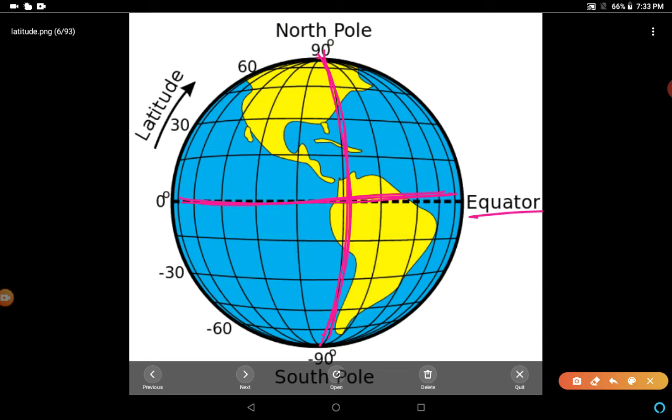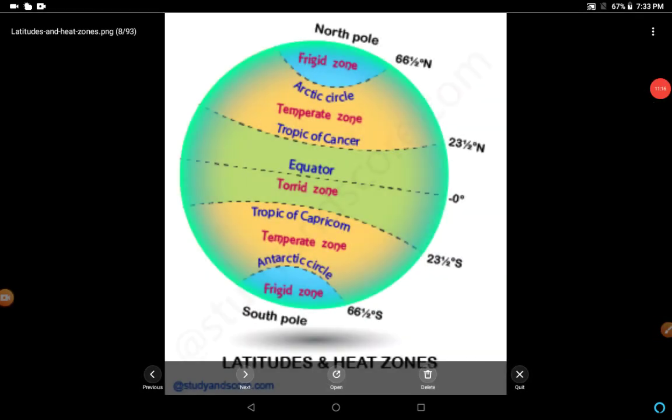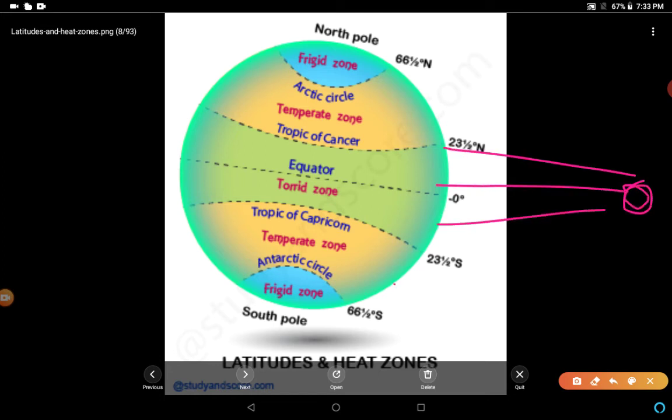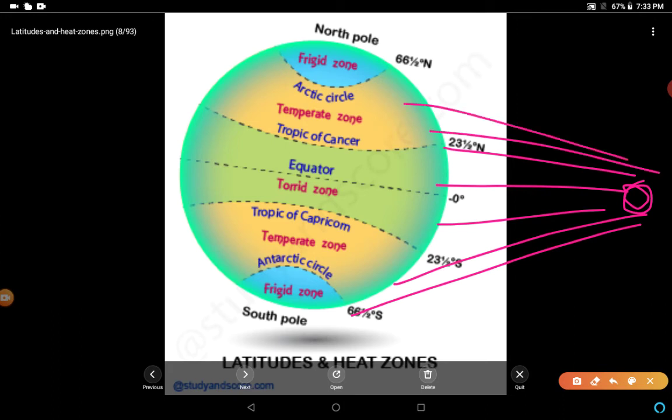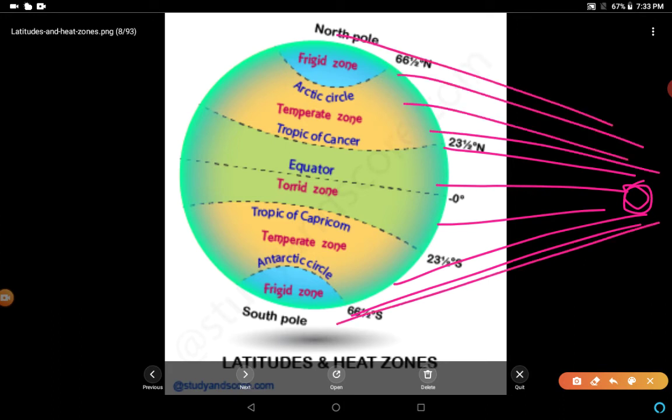So this is the North Pole and this is the South Pole. Now see this image. Suppose this is the sun on this side and sun rays are coming on the earth. You can easily identify the sun rays. Clear? How they are falling on the earth.